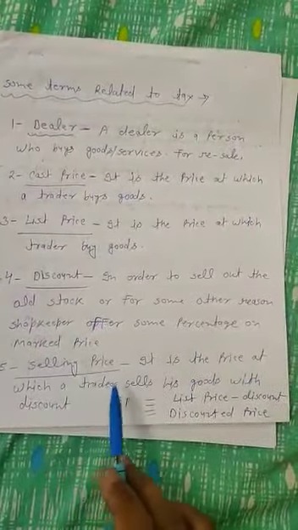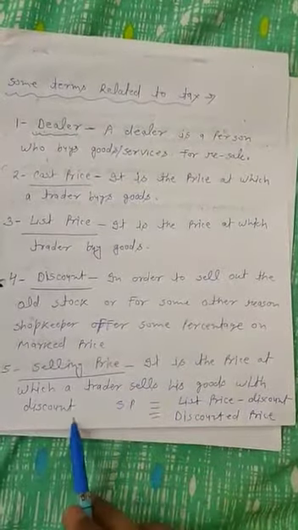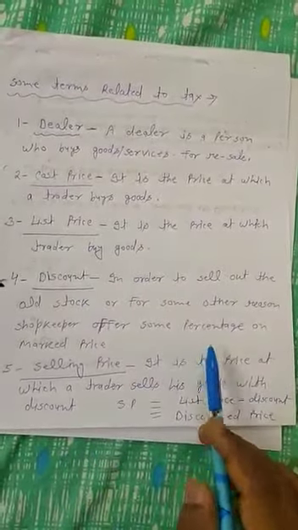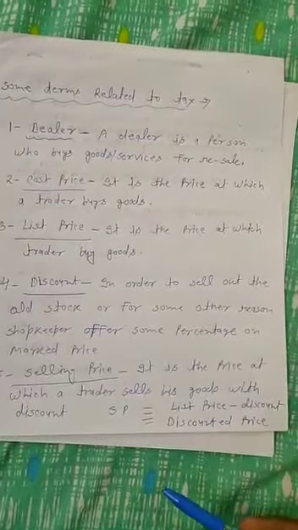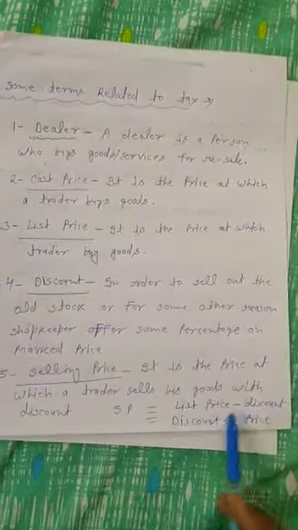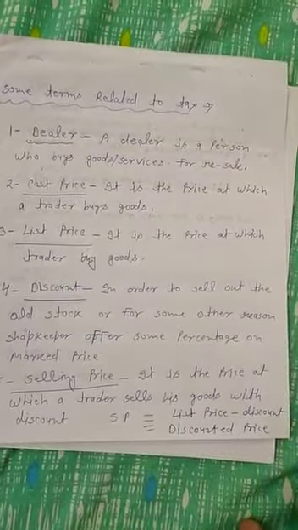Now what is the selling price? It is the price at which the trader sells his goods with discount. Means after reducing the discount, the remaining price is the selling price. Means selling price is equal to list price minus discount. It means it is equal to the discounted price.